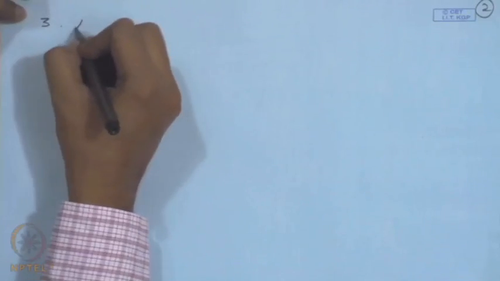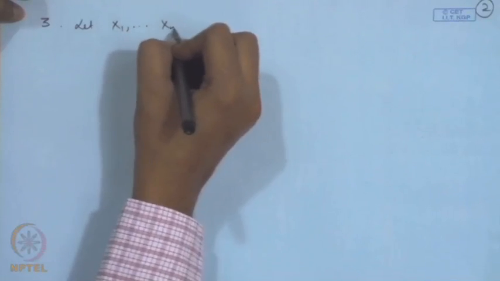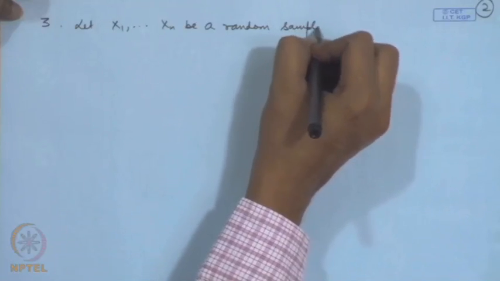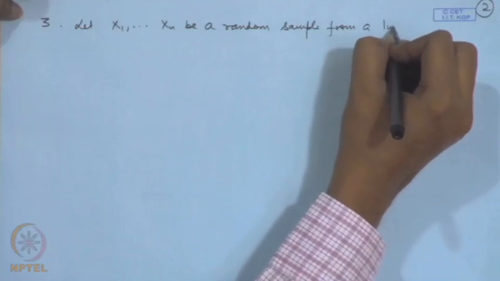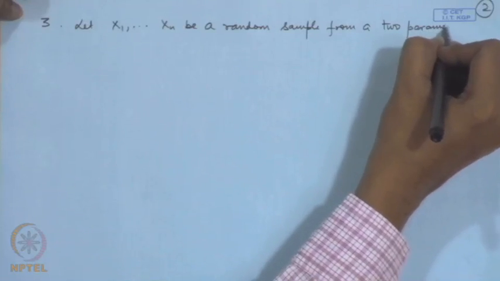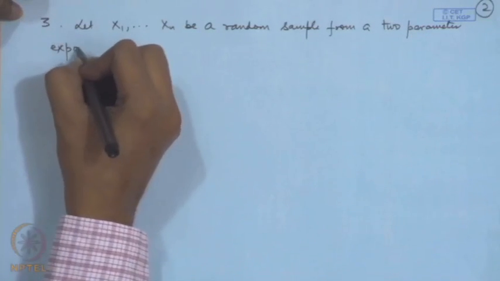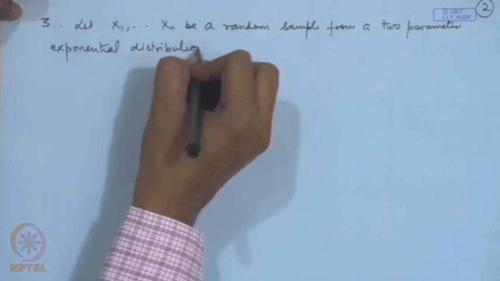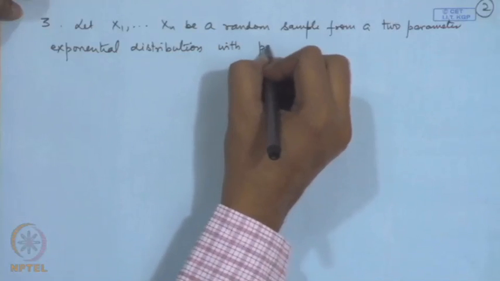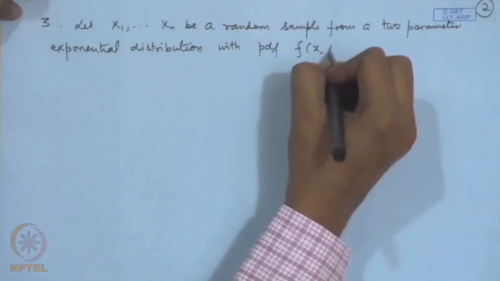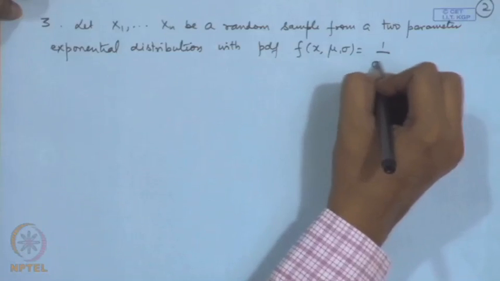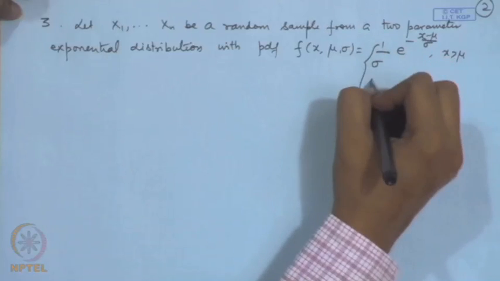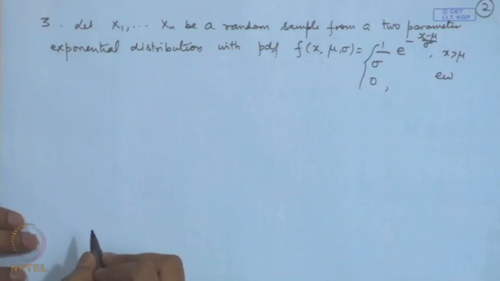Let X1, X2, ..., Xn be a random sample from a 2 parameter exponential distribution, say with density function f(x; mu, sigma) equal to 1 by sigma e to the power minus (x minus mu) by sigma for x greater than mu, and equal to 0 otherwise.